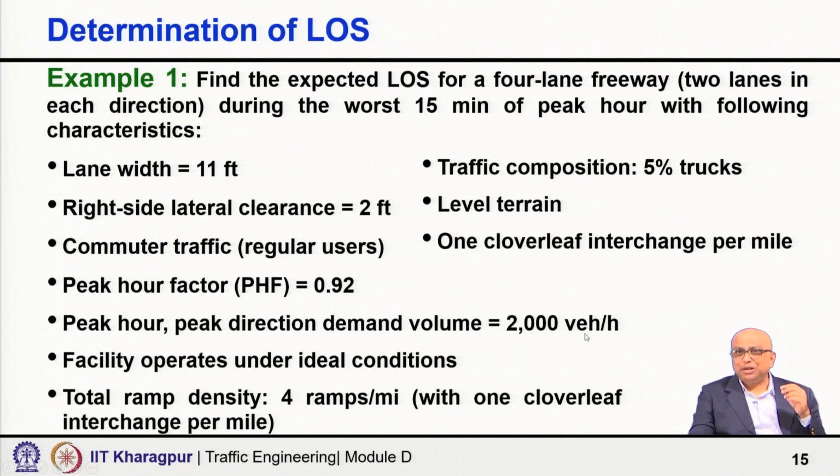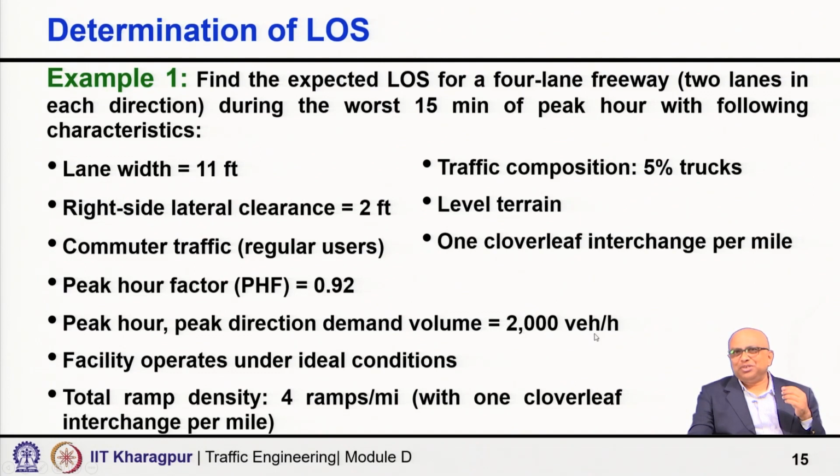Notice that it is vehicles per hour, not passenger cars per hour per lane. The facility operates under ideal conditions, which means no other adjustment will happen for the capacity once we calculate it. Total ramp density is 4 ramps per mile and traffic composition includes 5% trucks.